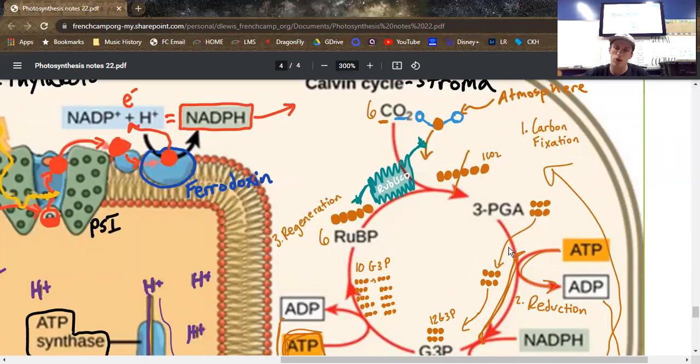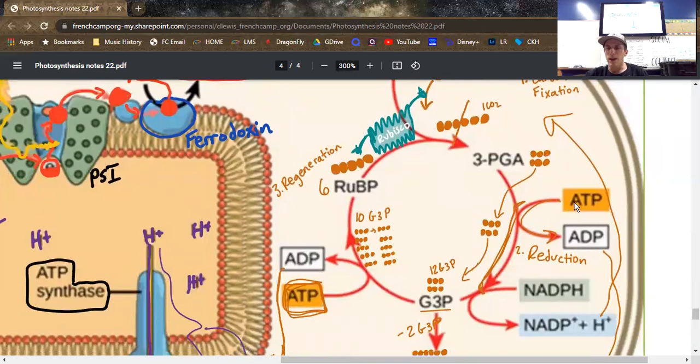So as we move into step 2, which is reduction, ATP that was made down here at chemiosmosis is going to come and energize. We're stuffing and packing energy into these molecules. We're giving up our electrons, and we're going to give up H+ that then is attached. So we have both a chemical and physical structural change.